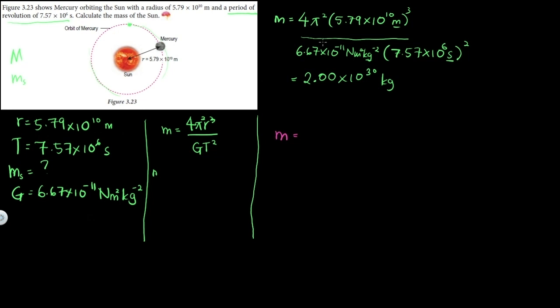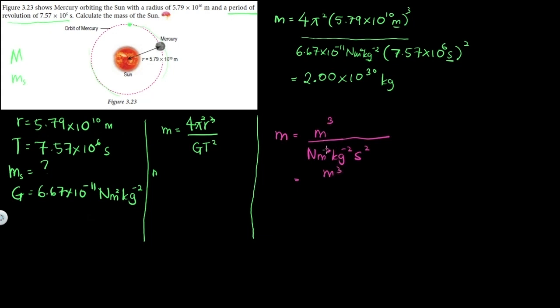So 4 and pi, we don't have units. Here we have m cubed, power of 3, divided by, at the denominator, Newton meter square kilogram minus 2, and here we have s square. So let's change Newton to kilogram meter per second square.